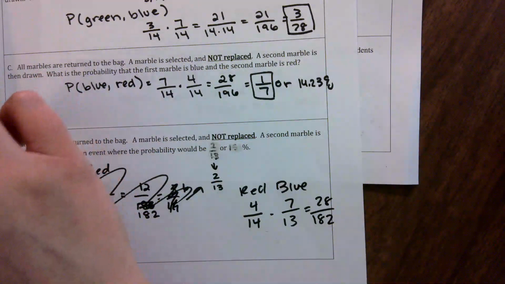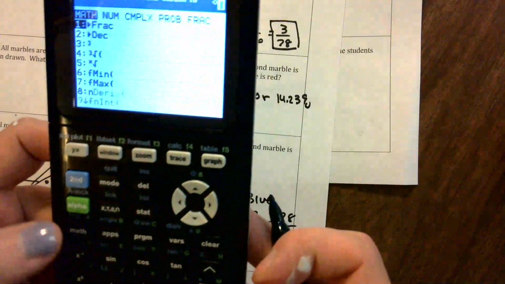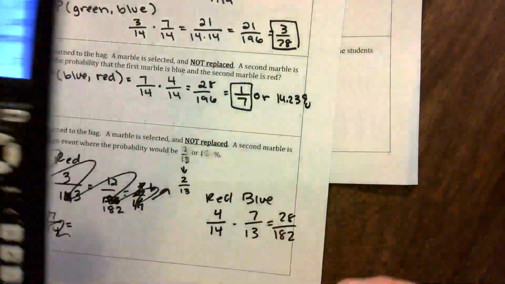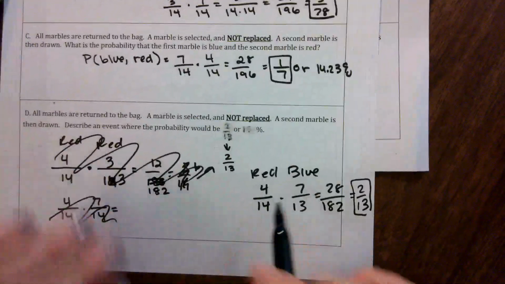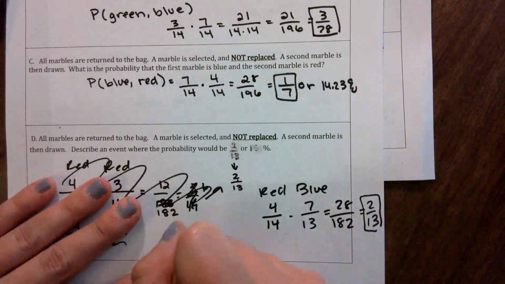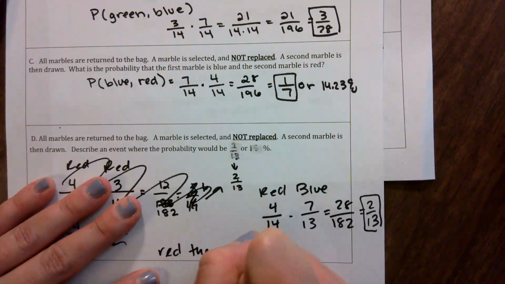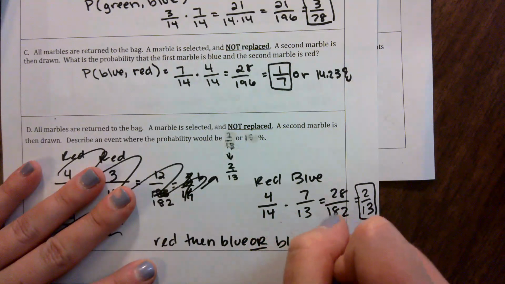Does that give us? Yeah, that gives us 2 out of 13. So it says a second marble is drawn. Describe an event where it would be this. A red, then blue, or blue, then red.